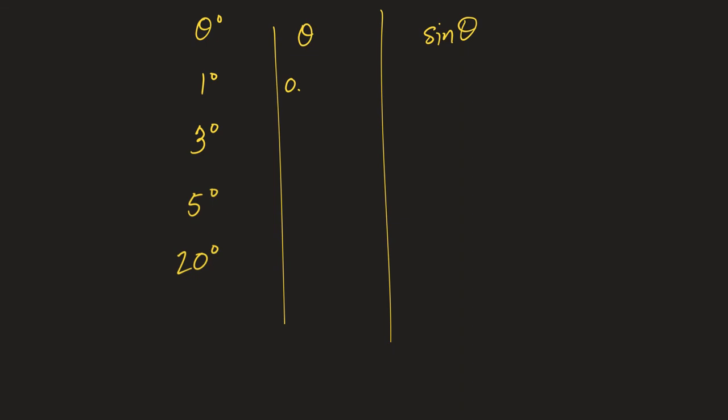Somebody give it to me. It's not hard. Just 0.0175. The sine of 1 degree is 0.0175. All right, how many radians is 3 degrees?